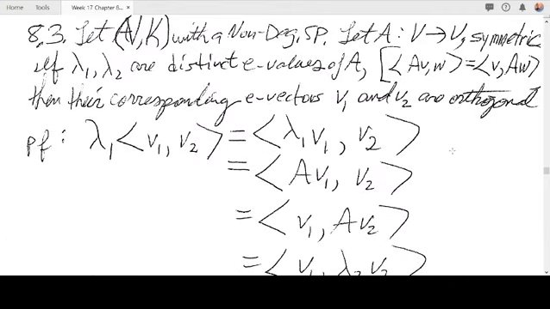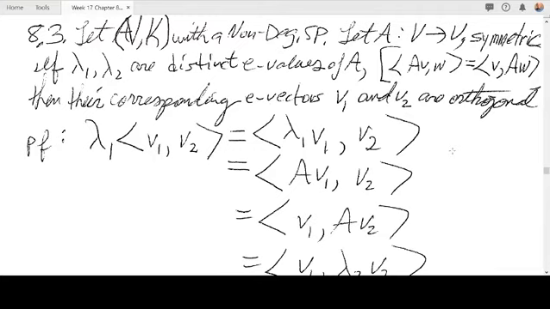All right, so we have lambda 1, and we're looking at the scalar product of the two eigenvectors, V1 and V2. Ultimately, we've got to conclude that the scalar product is 0.